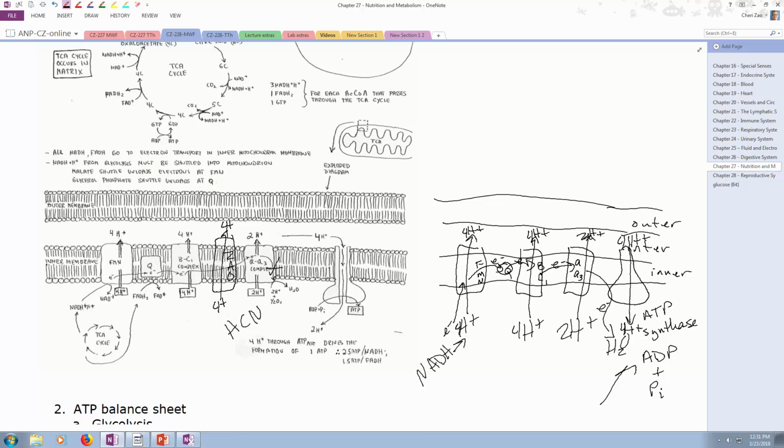Now, what if I told you that I misidentified the location of my ZAO pump in this mitochondrial membrane? And it's actually over here. Would this ZAO pump generate more ATP or not if it was there? Not.